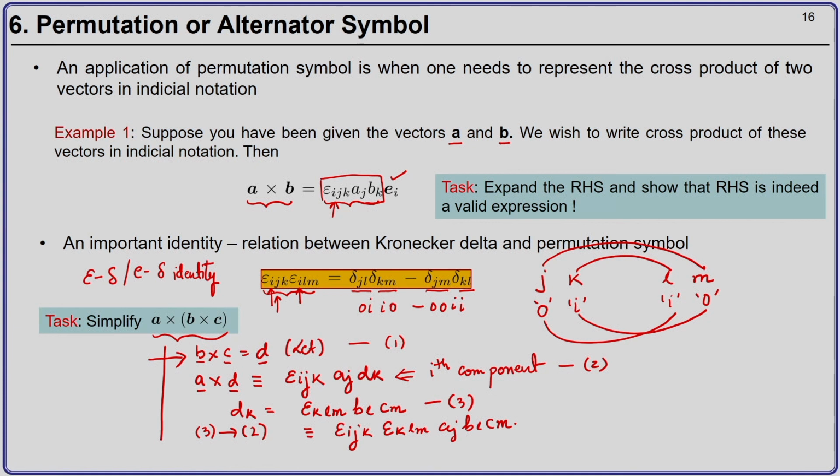Now, there are two permutation symbols and I see there is a common index k.